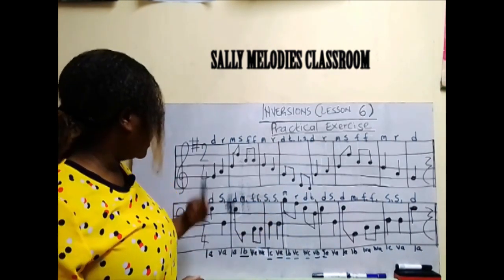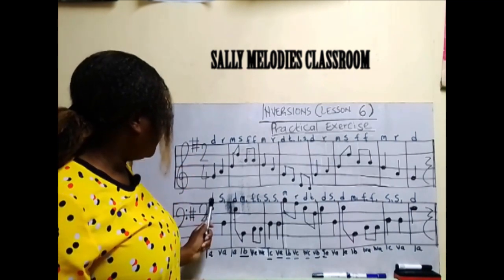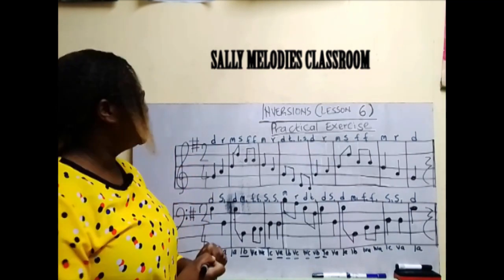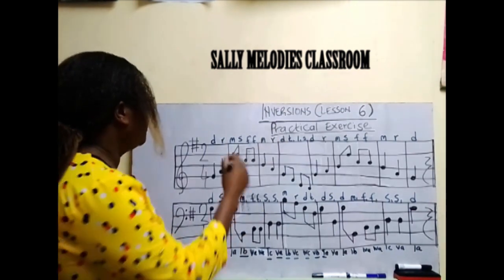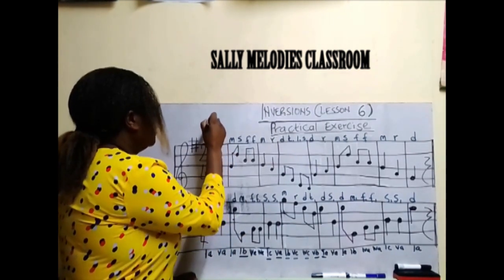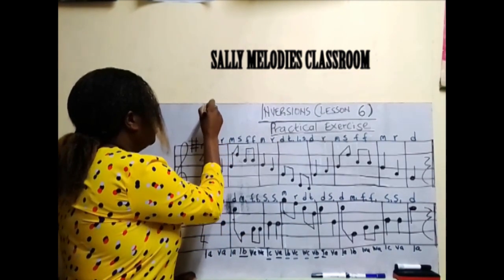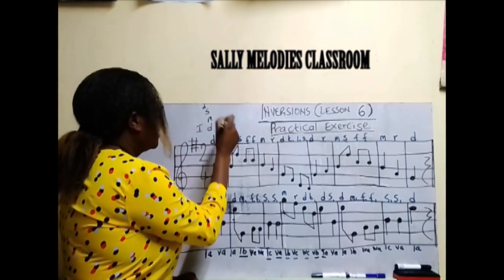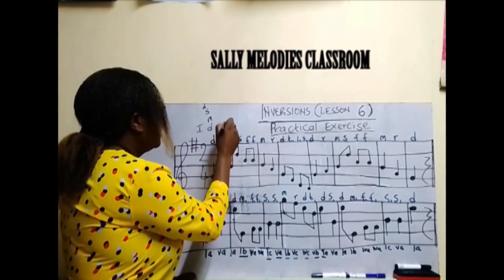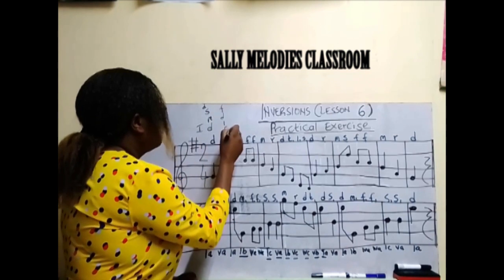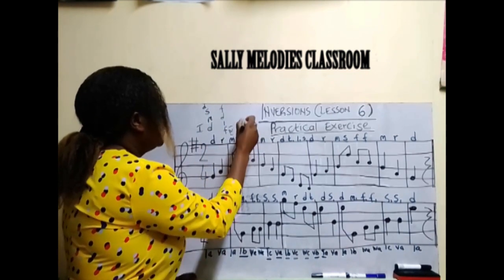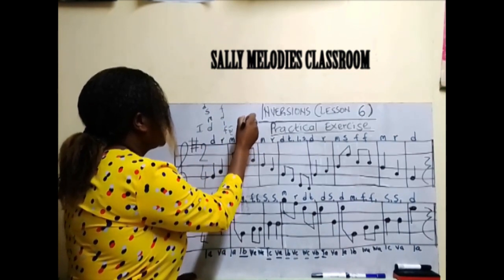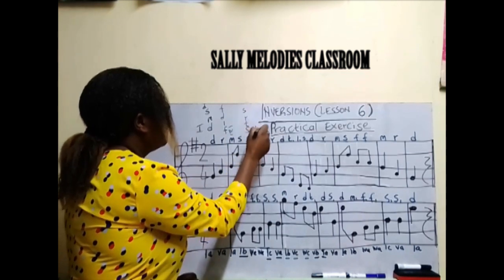We said if you can see a do here and a do here, then you can feel the inner parts. For example, we have do, mi, so, do for chord 1. And then we have fa, la, do, fa for chord 4. And then we have so, ti, re, so for chord 5.